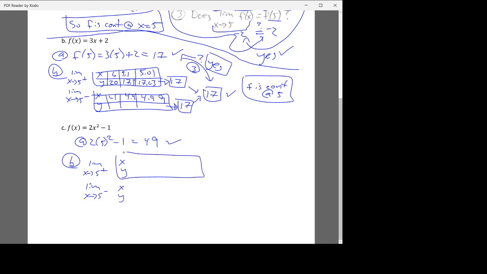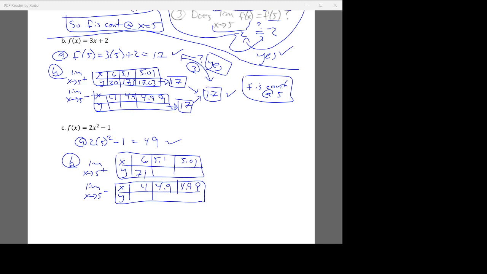Set it up just like before, just to look at some examples. And so 6, 5.1, 5.01, 4, 4.9, 4.99. So plug it in. 2 times 36 is 72, minus 1 is 71. 5.1 squared, I might have to do that one, times 2 minus 1 gives me 51.02.